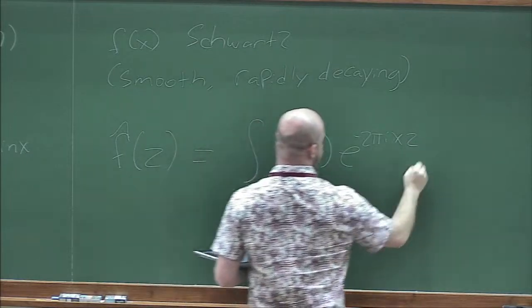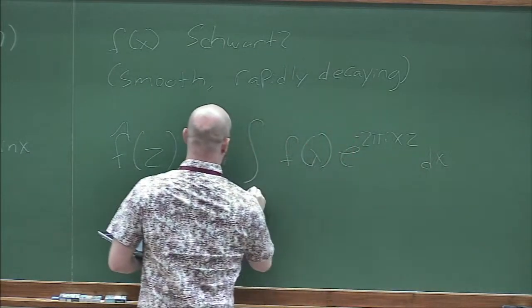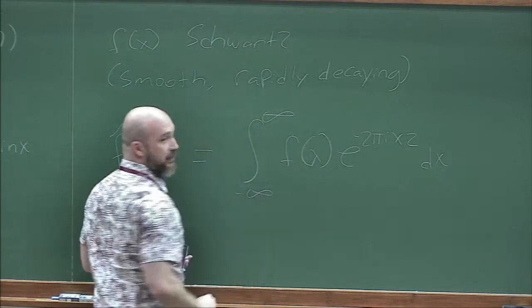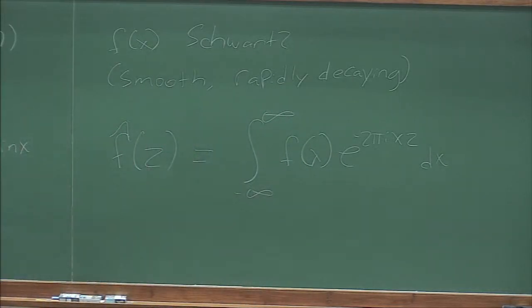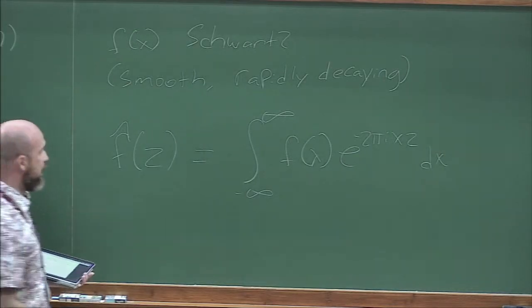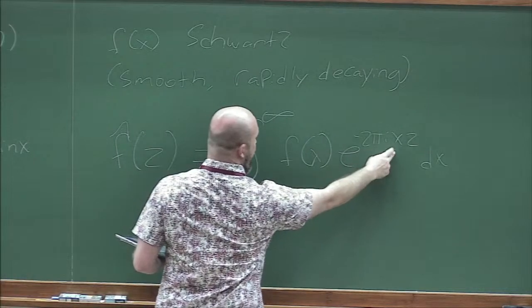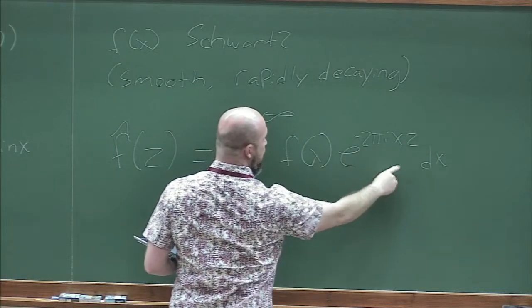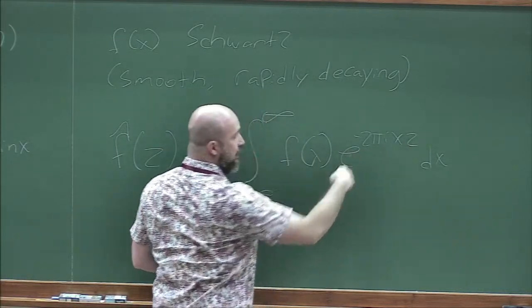And then we are going to integrate x from minus infinity to infinity. Of course, there's various versions of the Fourier transform. This is probably the most common one for number theory. We like having something here where this is now going to be invariant as z.